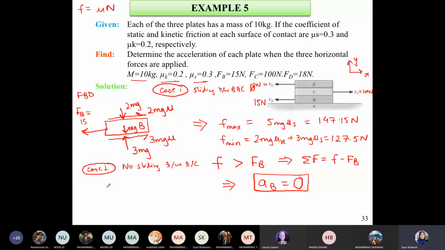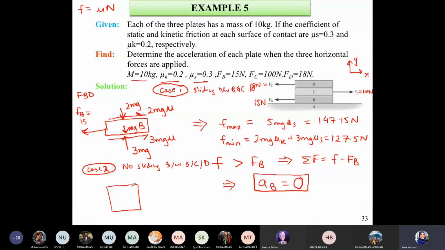When there's no sliding between any of them, then I'm looking at the entire, actually no sliding between B, C and D करना पड़ेगा। किसी में भी स्लाइडिंग नहीं है, वो पूरा का पूरा moves as one whole block, just a second case का चेक करने के लिए.